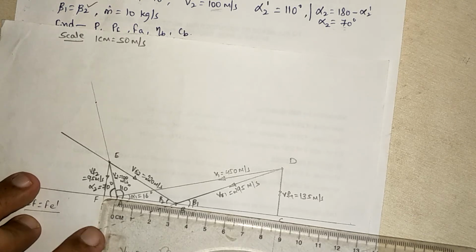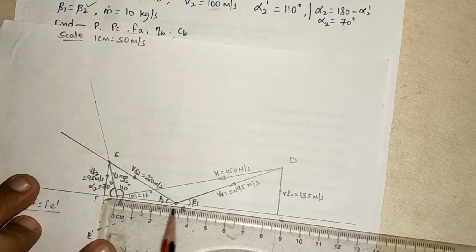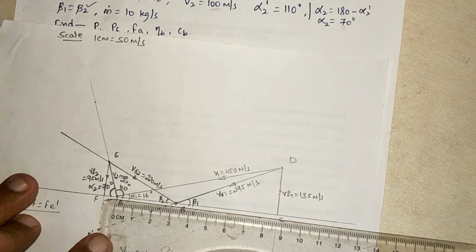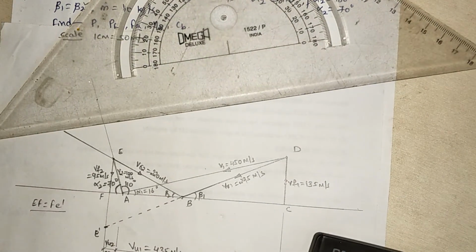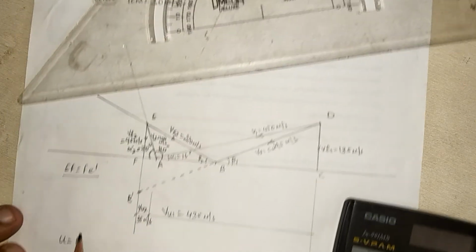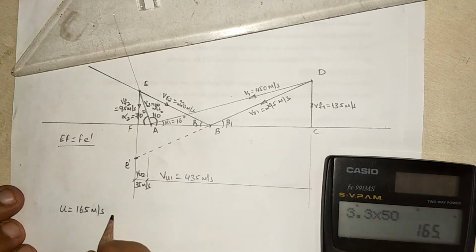You can see it is 3.3 centimeters, the value of u. So 3.3 into 50, I will get 165 meters per second.